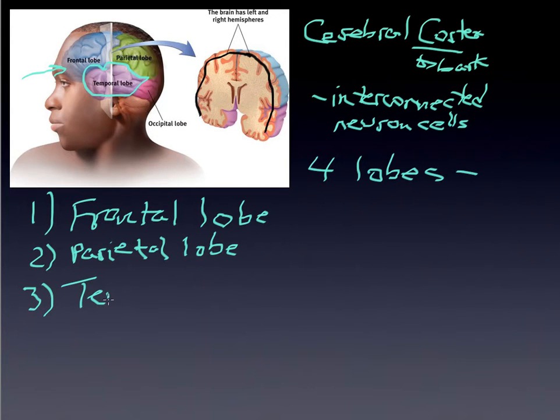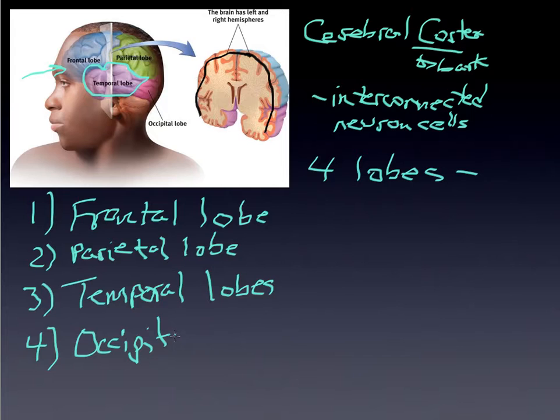You're probably familiar with the temples, which people often rub when they have a headache, and the temporal lobe lies right behind it. And then finally, the last one is the occipital lobes, which are in the back, largely responsible for sight.